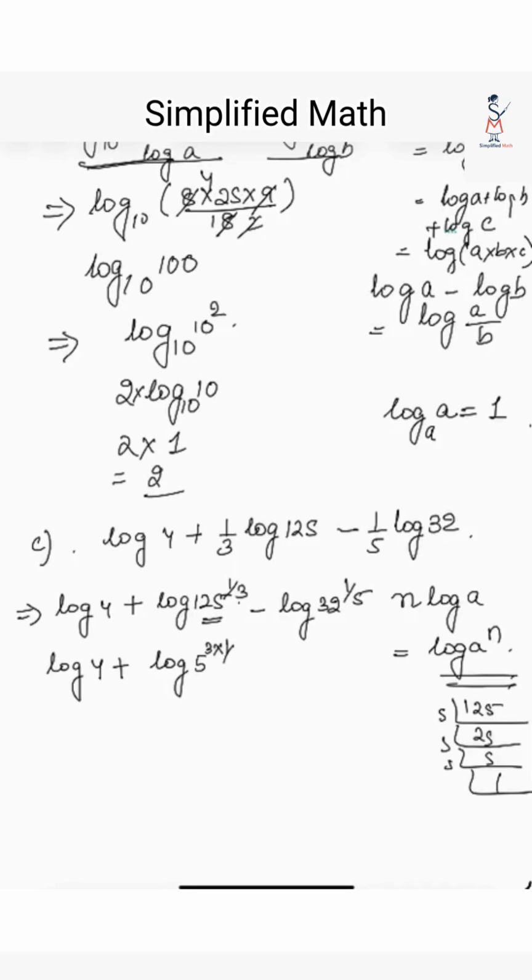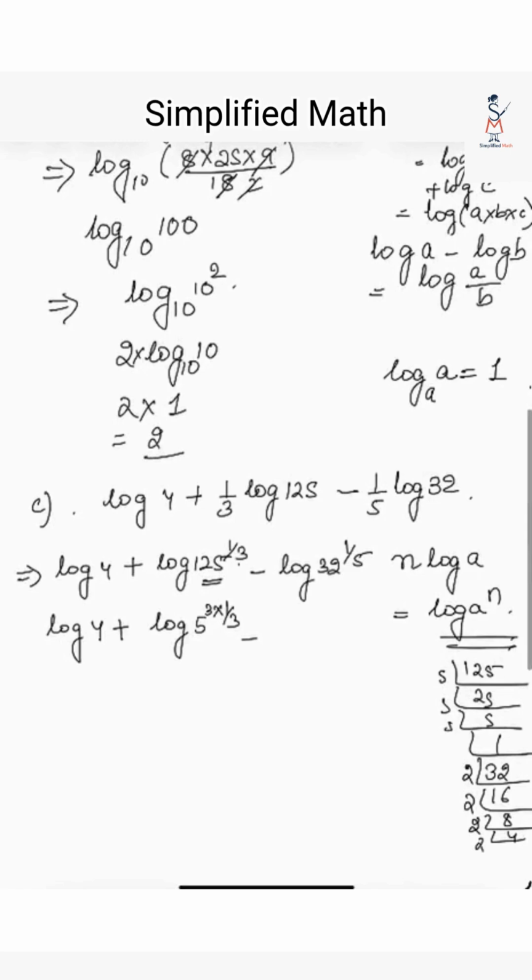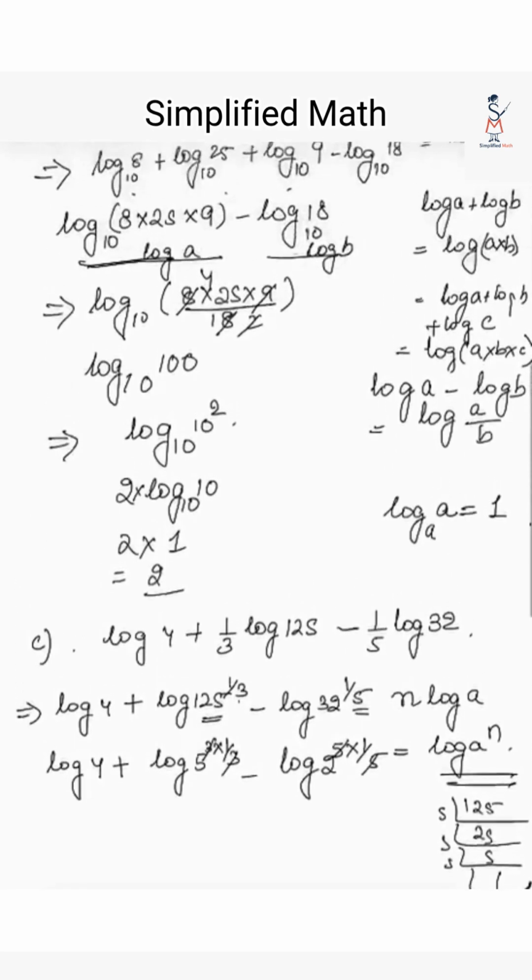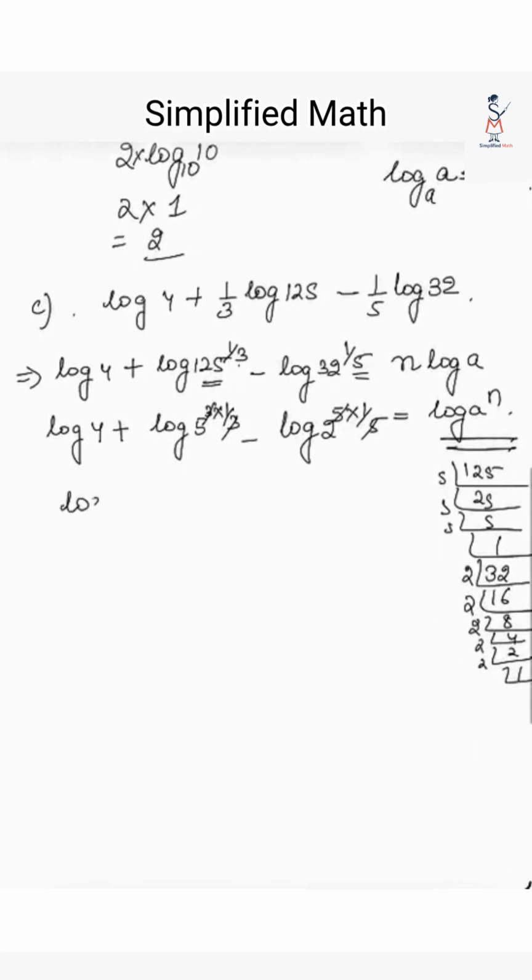Minus, same way 32 you can factorize: 2, 16, 2, 8, 2, 4, 2, 2, 1, that is 5 twos. So in place of 32 you can write 2 raised to the power 5, into 1 by 5. So 3 3s cancelled here, 5 5s cancel. So what you are left with? You are left with log 4 plus log 5 minus log 2.